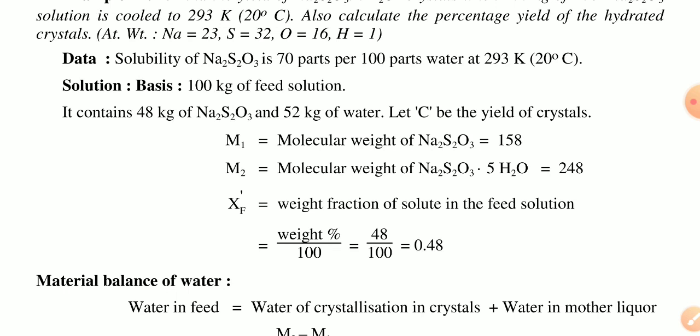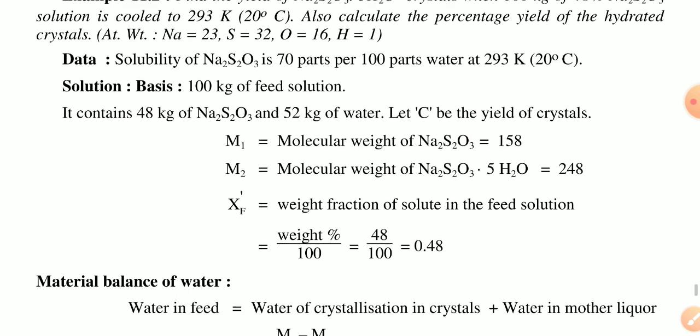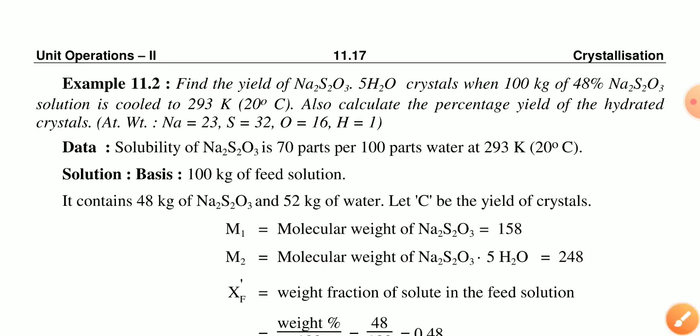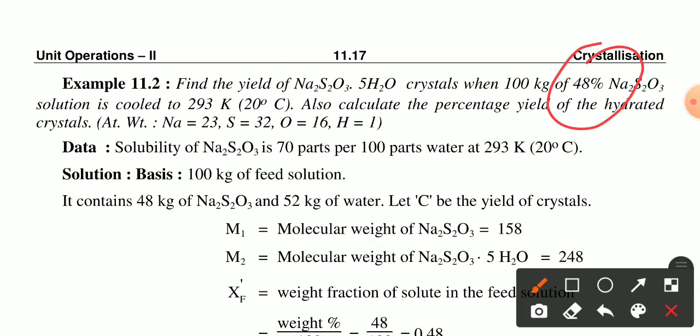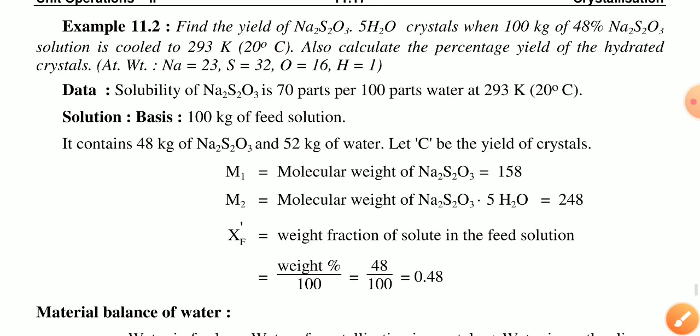The weight percentage of 100 is 48 kg, that is 48% Na2S2O3 is given. So X dash F, the weight fraction of solute in the feed solution, is 0.48.